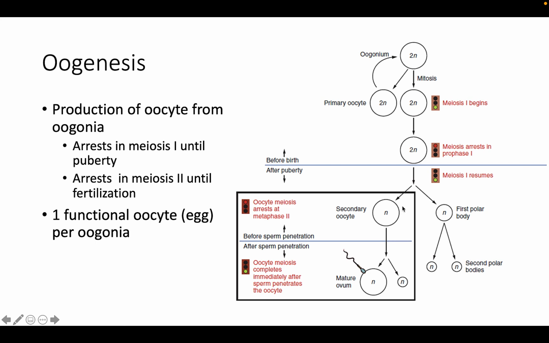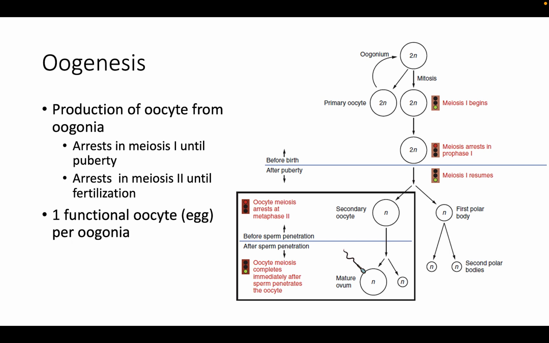Meiosis, again, of that secondary oocyte, meiosis 2 that is, is only completed once fertilization occurs, once a sperm penetrates. Meiosis 2 then resumes, producing 1 haploid ovum that at the instant of fertilization by a haploid sperm becomes the first diploid cell of the new offspring, a zygote.